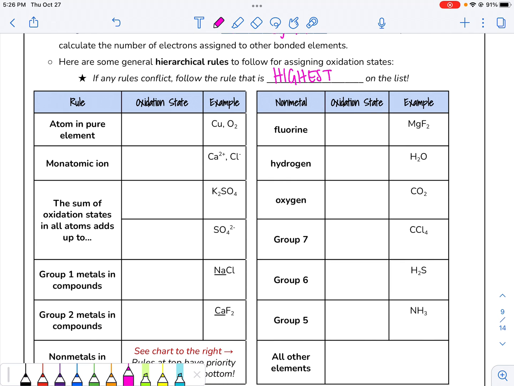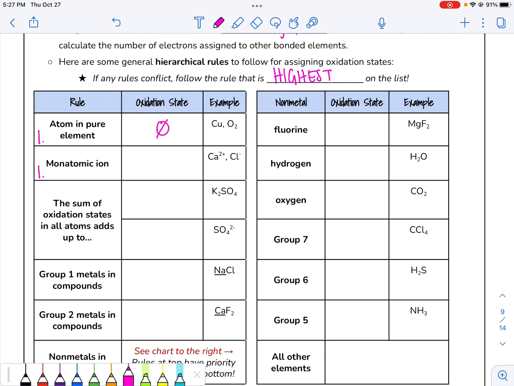The first rule is that if you have an atom in a pure element, so anything in its elemental form, its oxidation state is zero. This atom is totally neutral. So this follows rule number one. Underneath rule number one is also the oxidation state for monatomic ions.